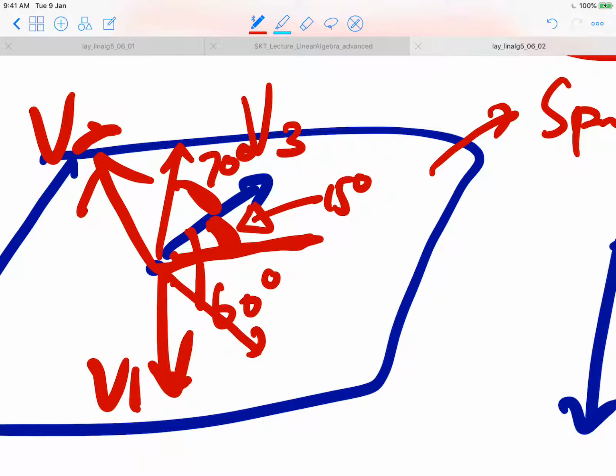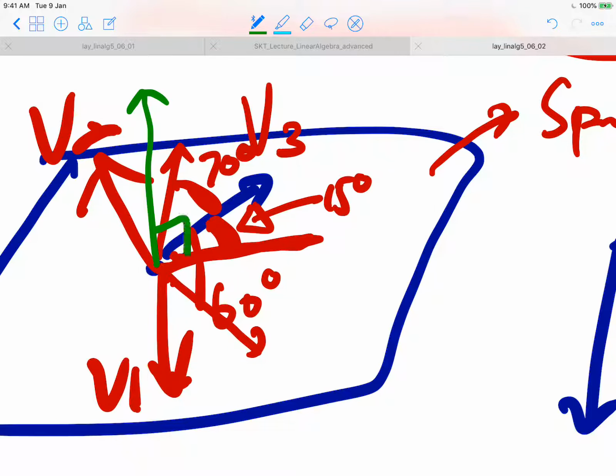And then, in the case of an orthogonal set, as I mentioned, this orthogonal set is maximally linearly independent. So in that case, this angle should be 90 degrees. So what should be our vector V3? This guy.